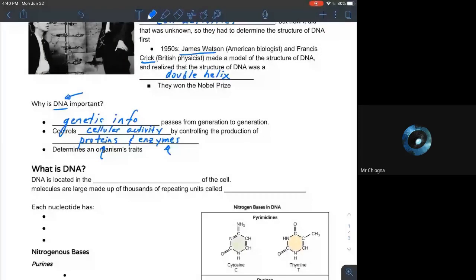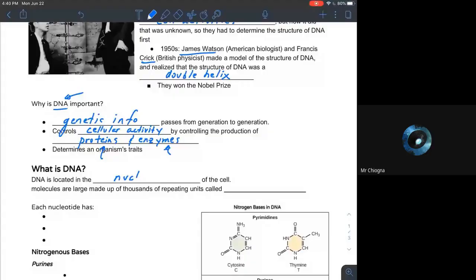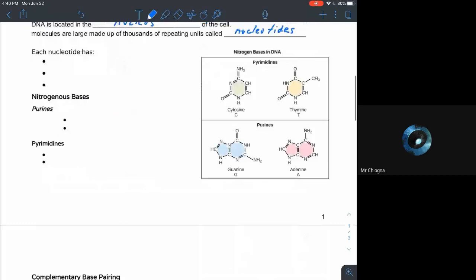Okay, so what is DNA? DNA, as I said, is located in the nucleus, in the center of the cell, and the molecules are made up of thousands of repeating units called nucleotides. Okay, so what's a nucleotide?